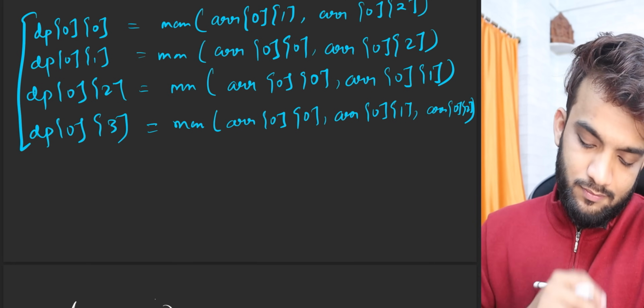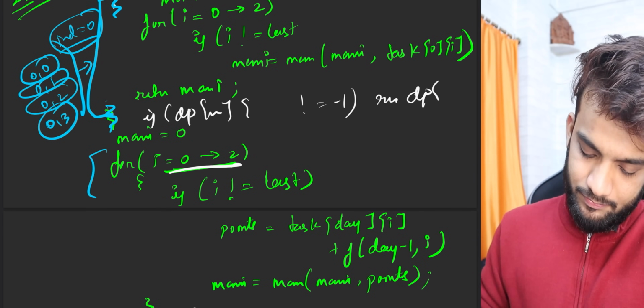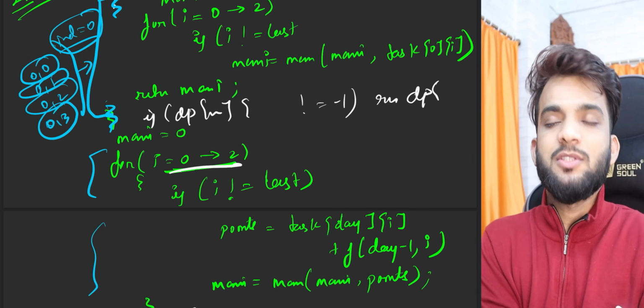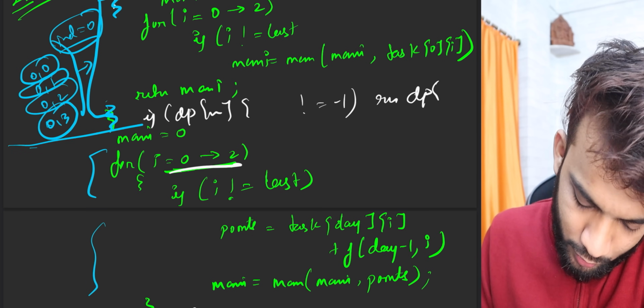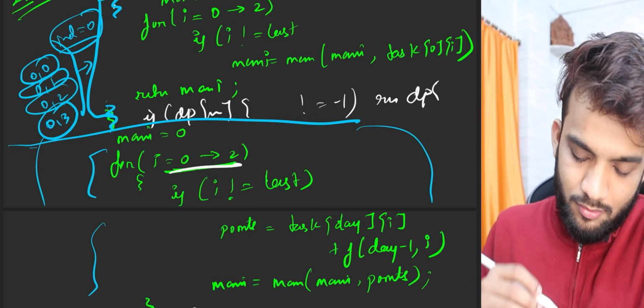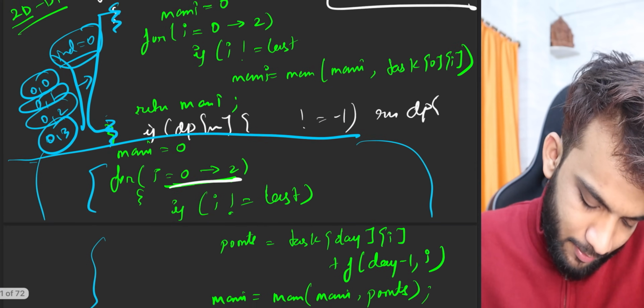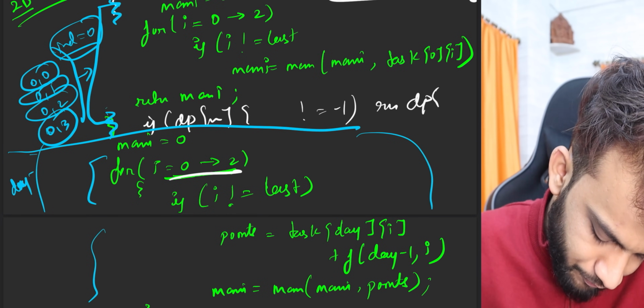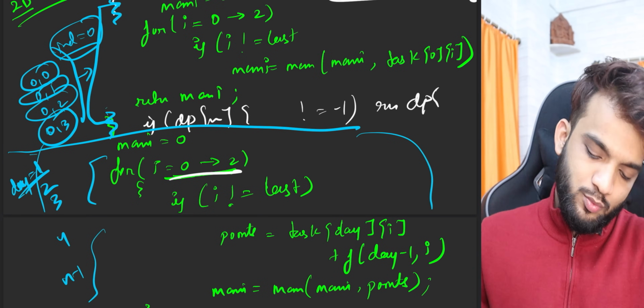Now what's the next thing? The next thing is that you have to convert this into a DP solution. Now this portion of the code is executed when the value of day becomes equal to 1, 2, 3, 4 and so on till n minus 1.